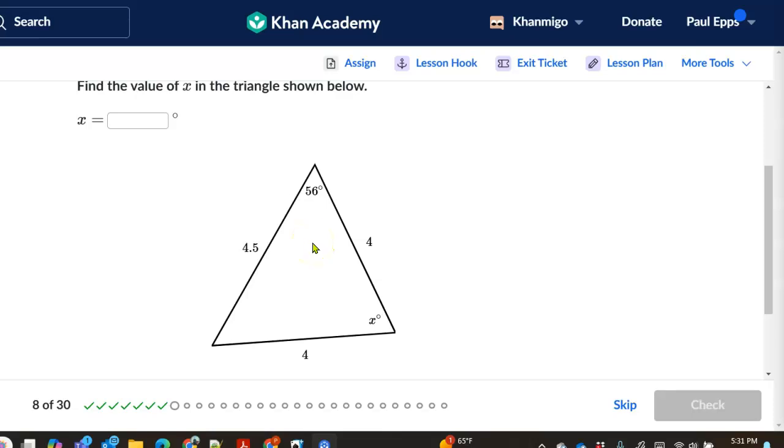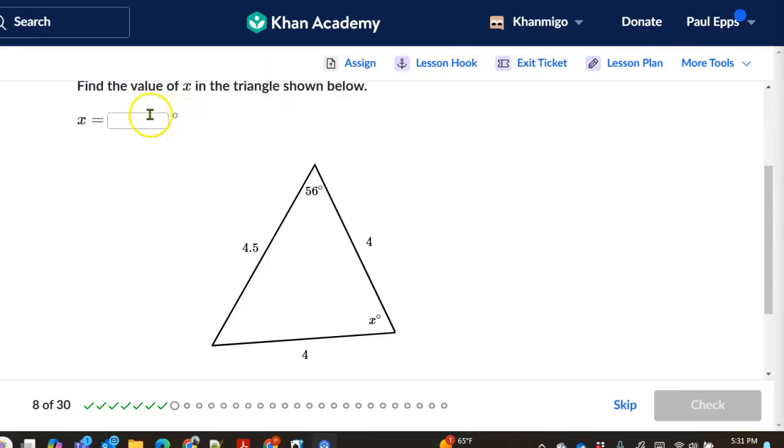So it's an equilateral triangle, meaning that this angle, 56, is also equal to this angle right here, 56. So the sum of those angles would be 112. And the sum of all the angles in a triangle is 180. So x would have to be 68.